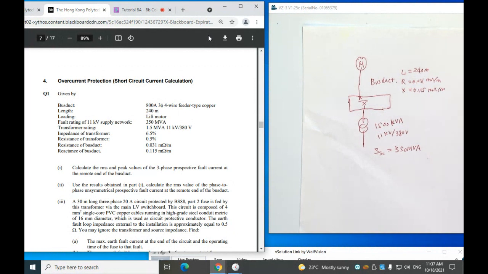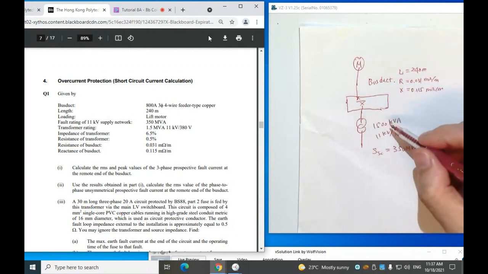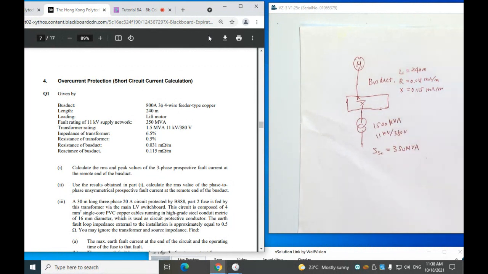The switchboard impedance here is not given, so for a simple calculation you can consider it 0, or put in a small number.